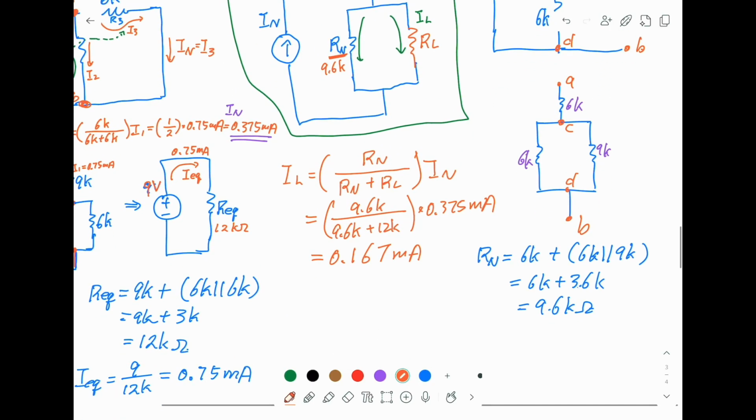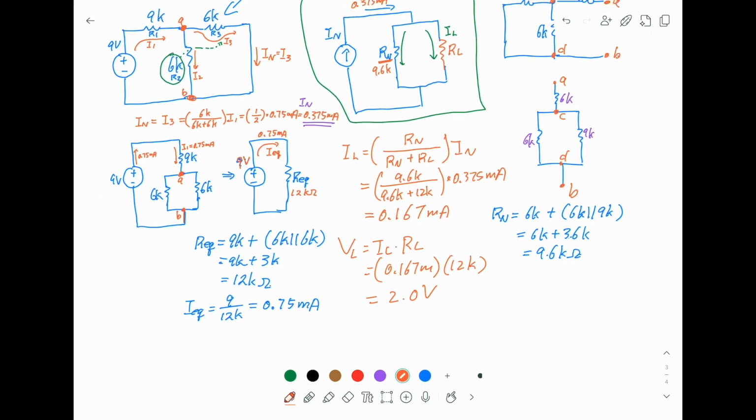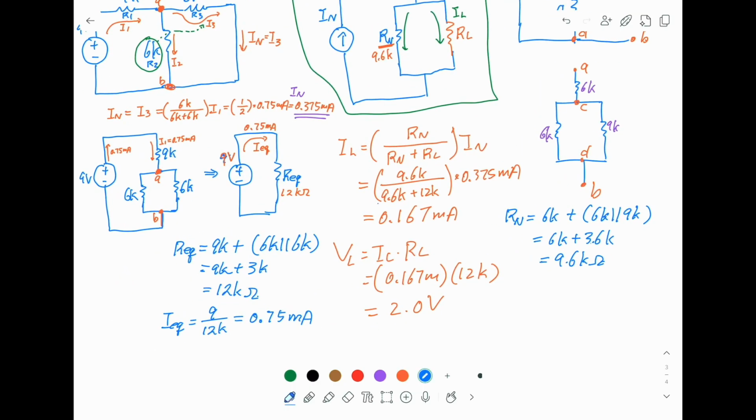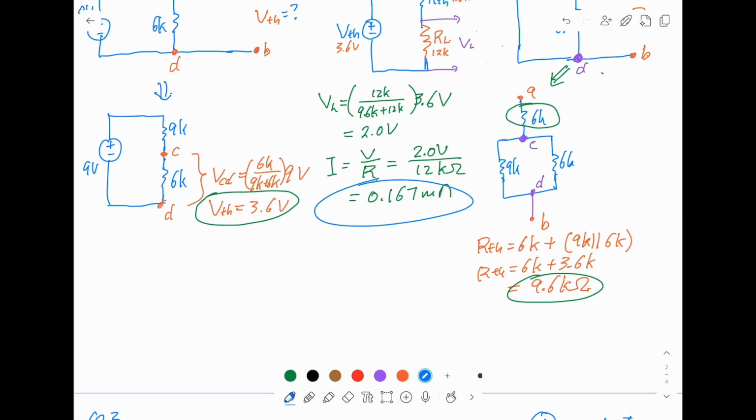And the voltage, of course, you can use Ohm's law. This is 0.167 milli, R is 12K. And you will find the answer is 2.0 volt. And can you see this is exactly this number, exactly the same as these two numbers.